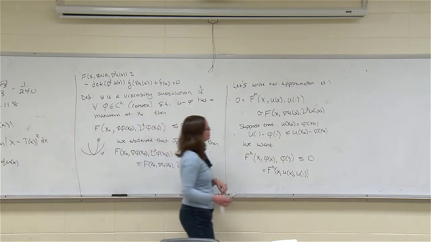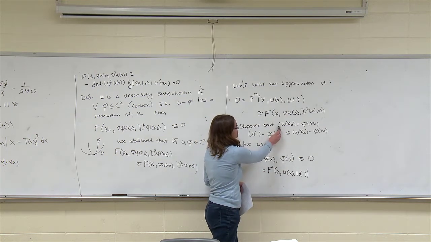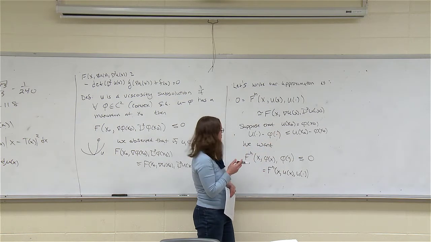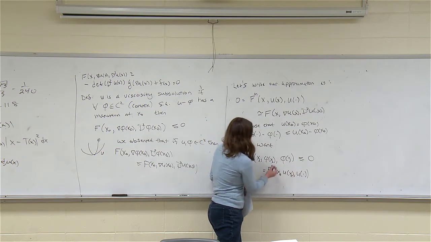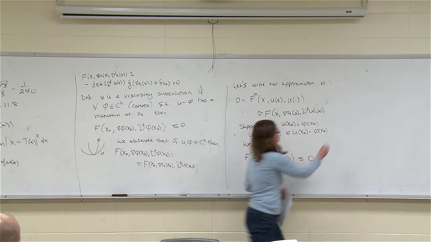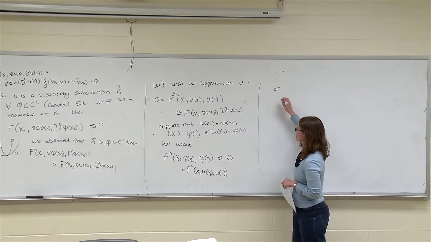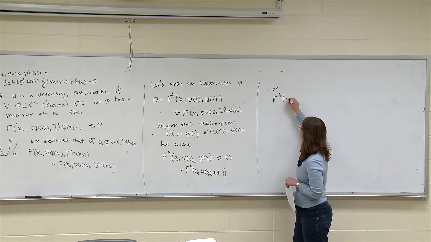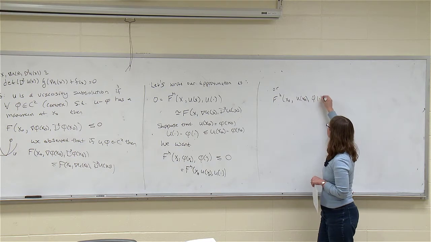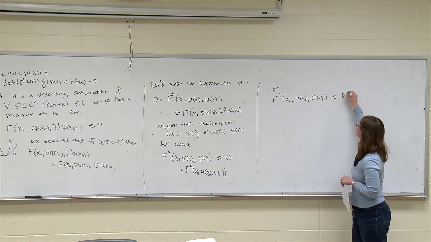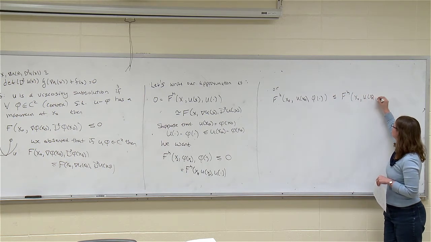I could simplify this a little bit if we assume that this is the case. Maybe I should use x naught. If I assume that these two values are equal to each other, what do I have? I have x naught, u of x naught, phi is less than or equal to the same thing with u's.